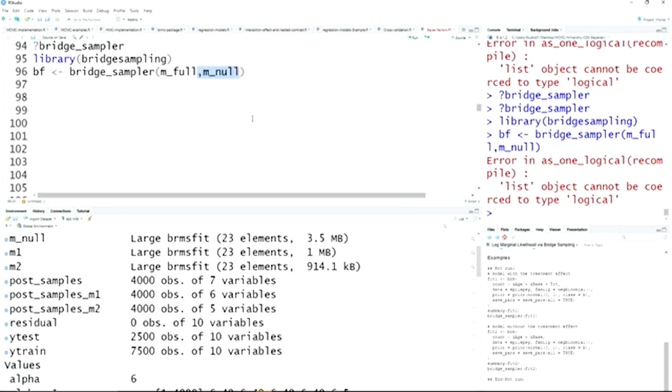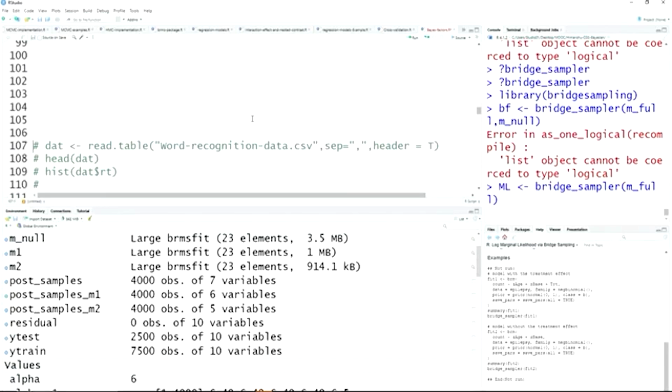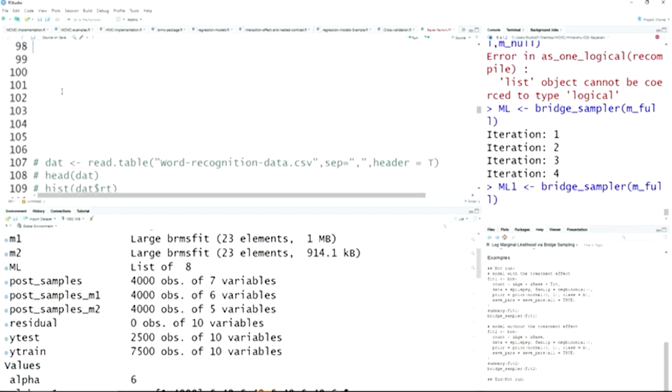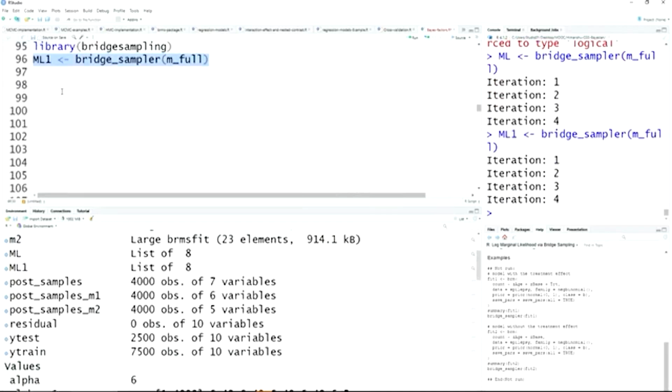Let us try to do it separately. This working? Okay. So this is ML1, marginal likelihood for model 1. Let us compute marginal likelihood for model 2.